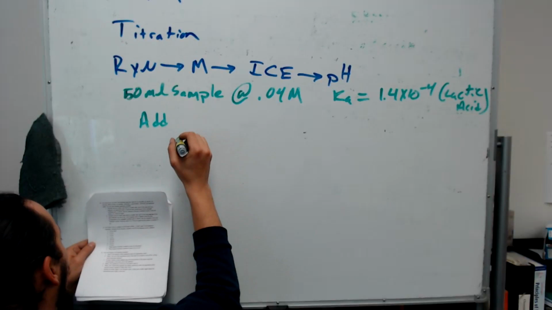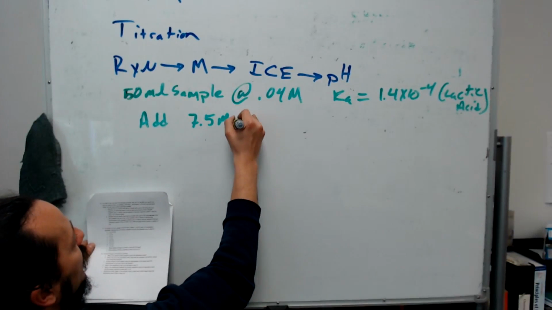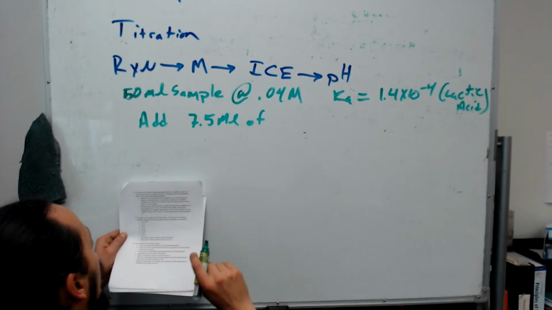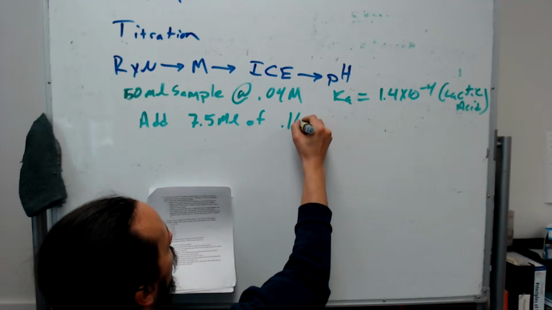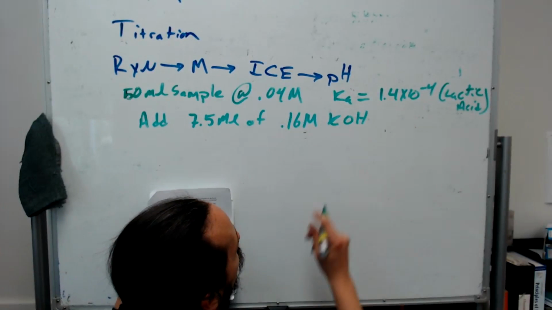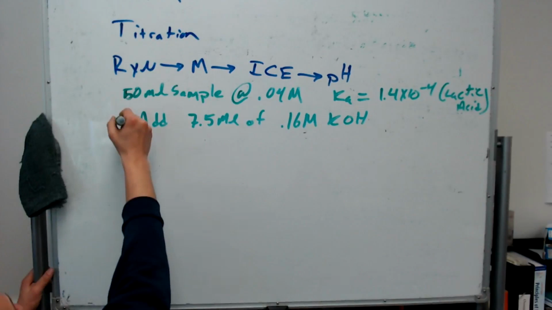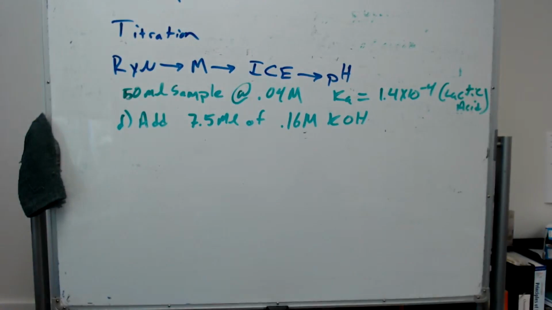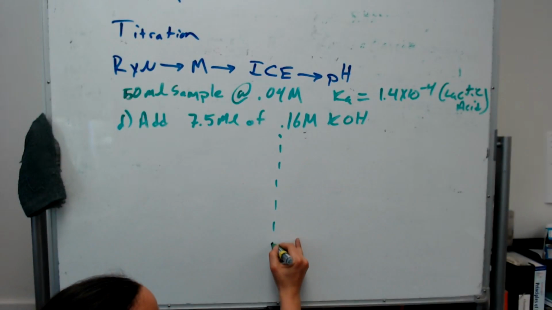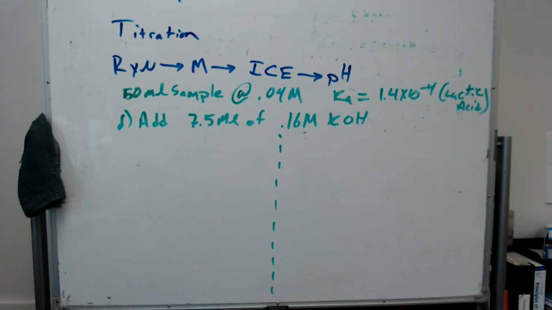So we're going to add 7.5 milliliters of 0.16 molar KOH. This is doing part D. I'm going to try to fit both the reaction and the equilibrium table onto one board.